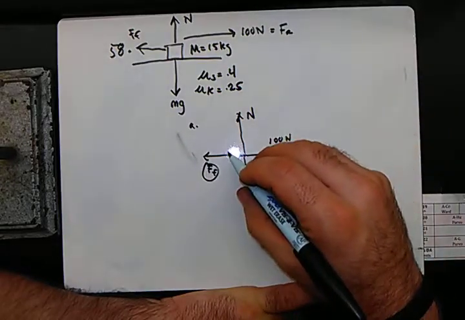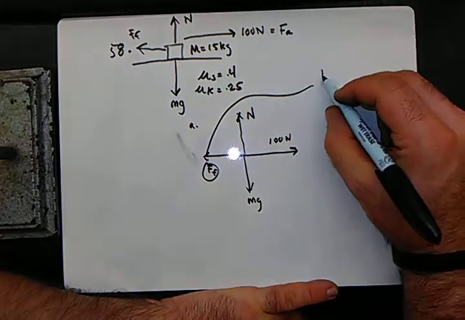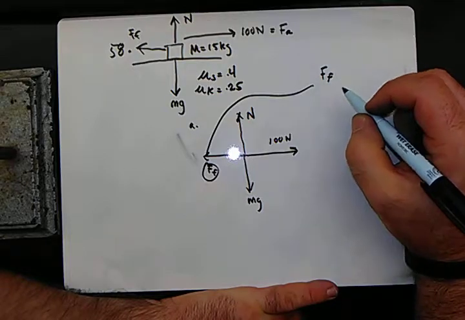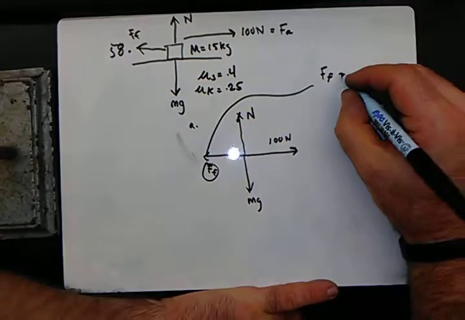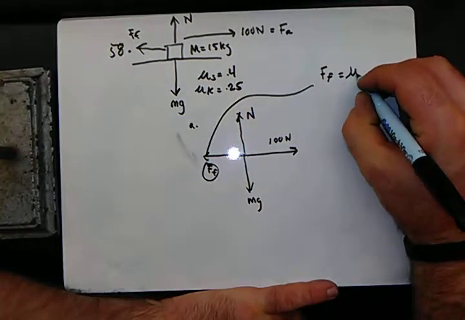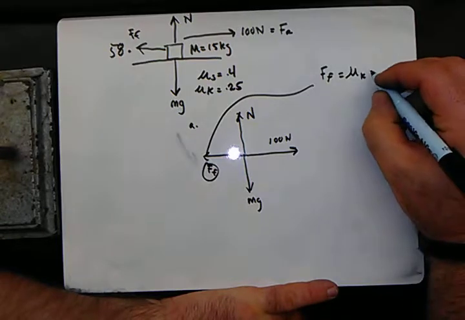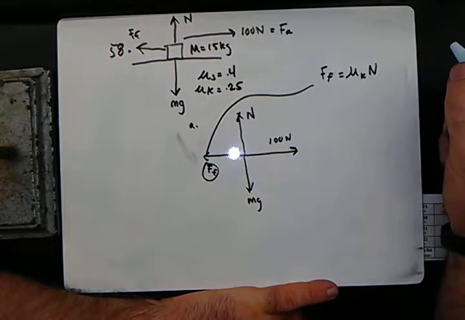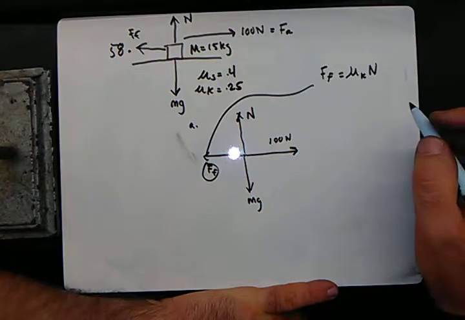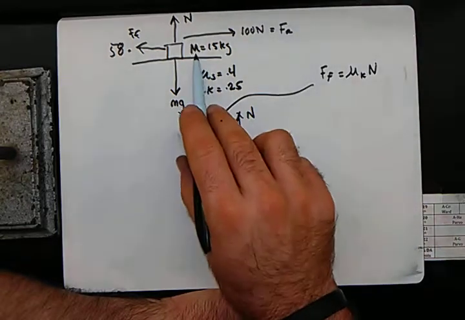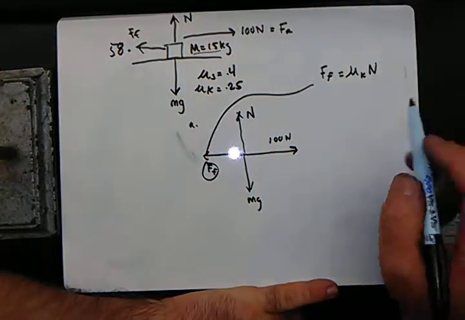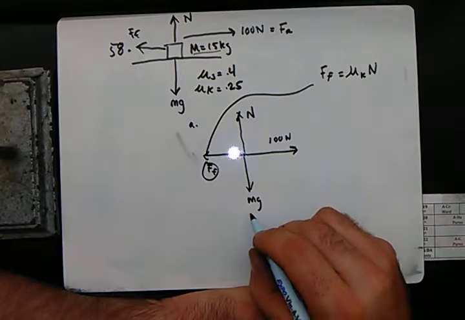Now it says determine the force of friction. We know that the force of friction, we're assuming this is accelerating, is equal to mu times the normal force. Well, they gave us a mass, so we can figure out what that is.